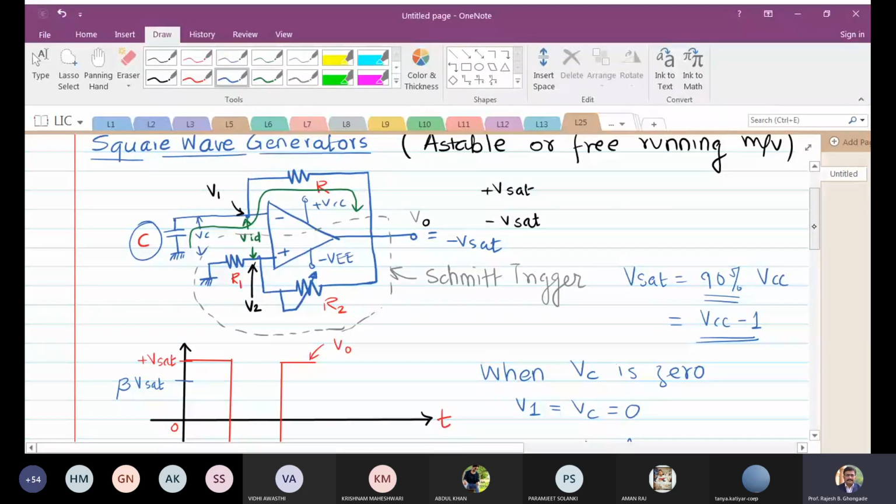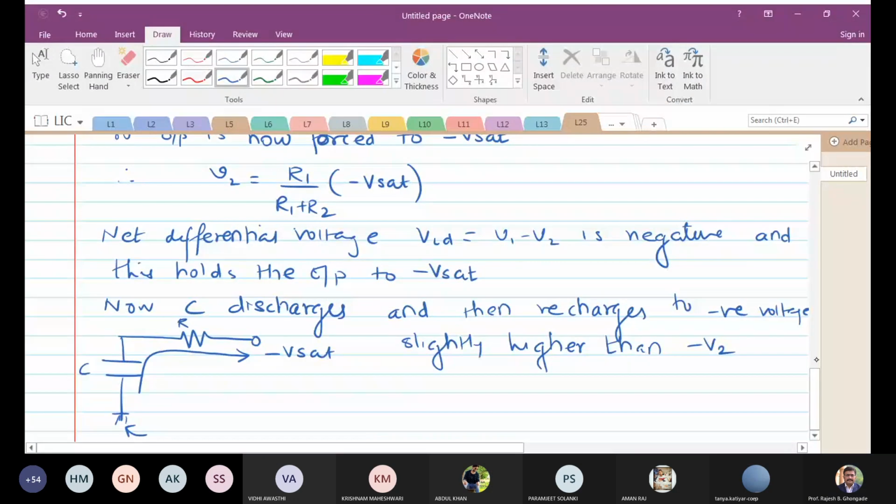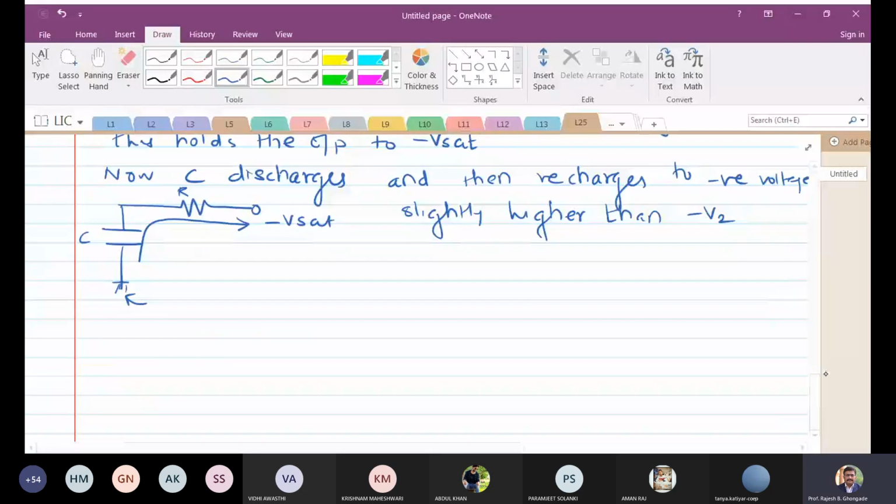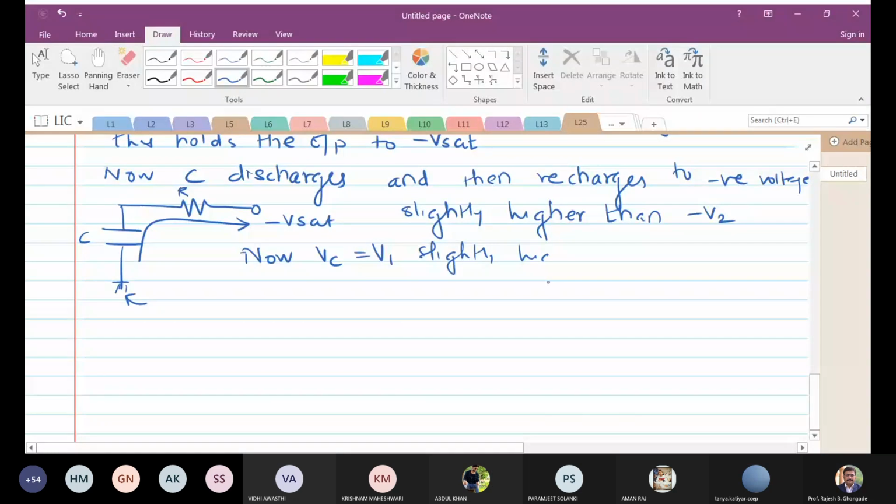And at that point something again happens. What is going to happen? Now Vc, which is equal to V1, is slightly higher than V2.